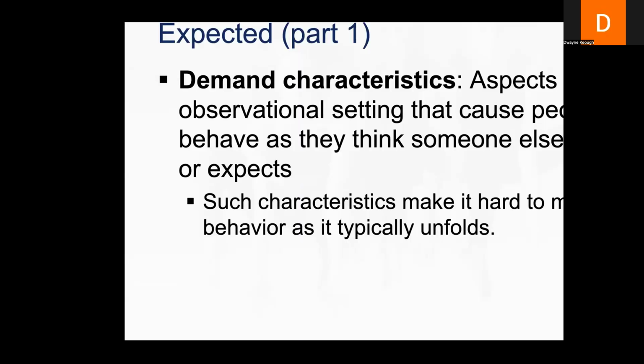Demand characteristics. This is an aspect of observational settings that can cause people to behave as if they think someone else wants or expects them to behave a certain way. This can make it complicated when we watch behavior. If you were all sitting in the classroom, I have no doubt that you would be excellent students, sitting quietly, watching the lecture, writing notes.